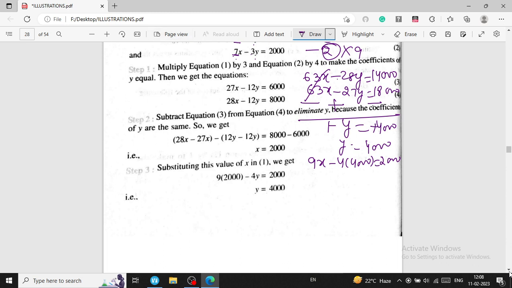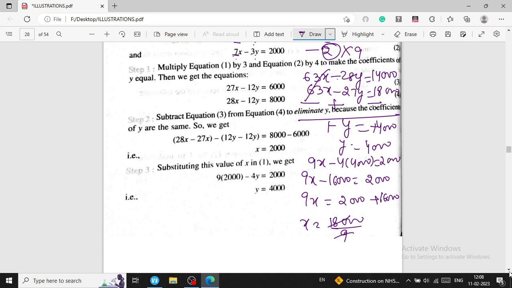You can write 9x minus 16,000 is equal to 2,000. 9x is equal to 2,000 plus 16,000. x is equal to 18,000 over 9. 9 twos are 18, so the x value will be 2,000 and the y value will be 4,000.